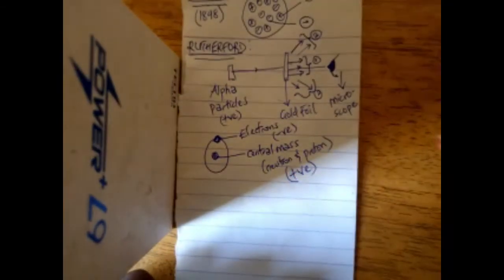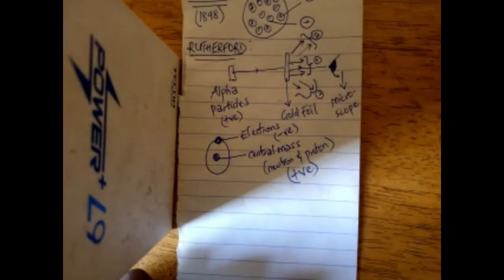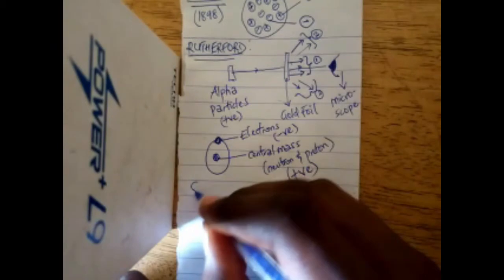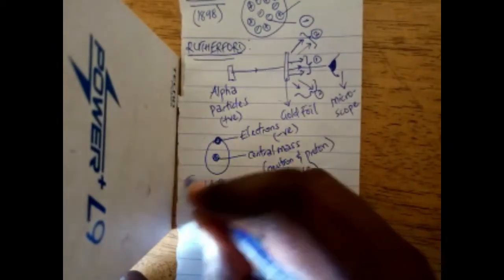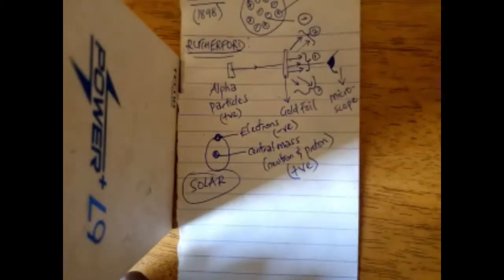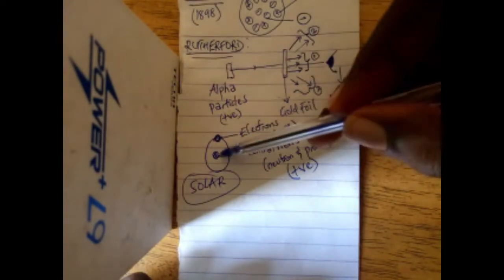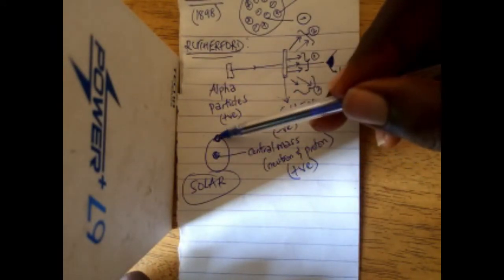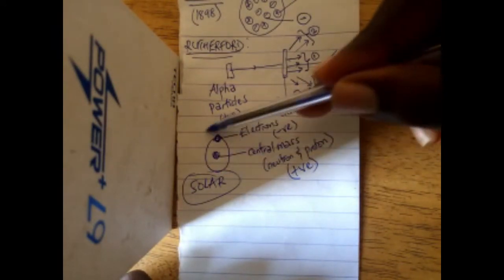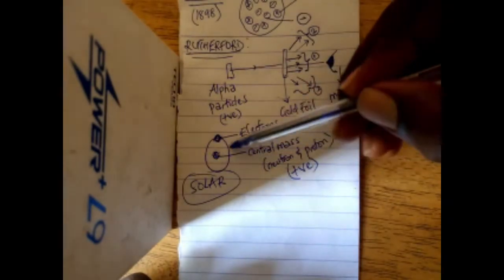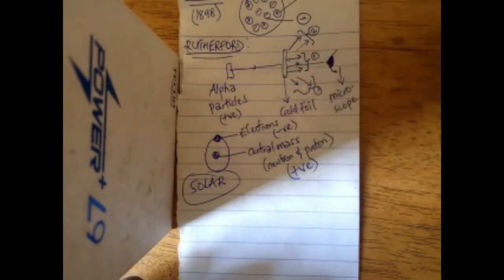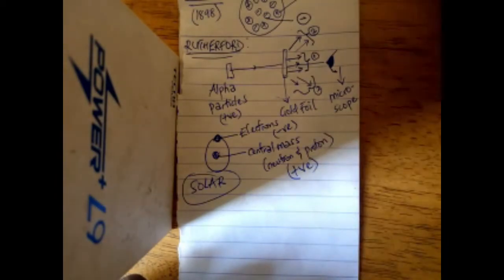So Rutherford's model is a very straightforward model which can be compared to the solar system, in which we have an atom made up of a central mass and electrons which orbit around the system, like the Earth orbits around the sun. So this is what the Rutherford model is all about.